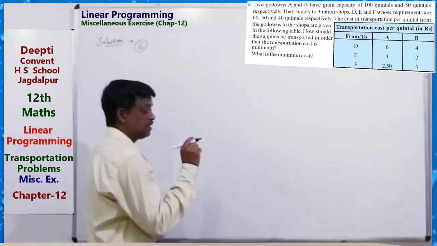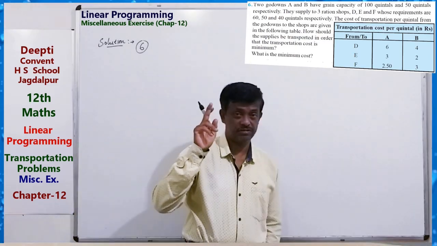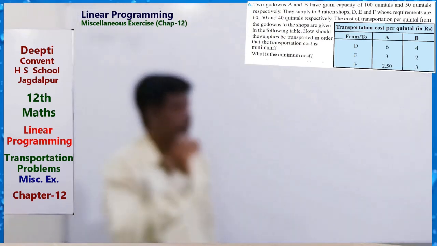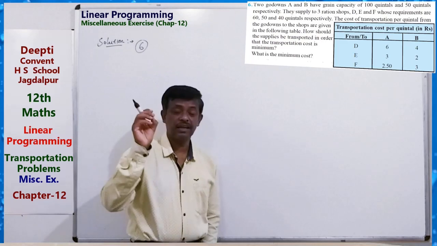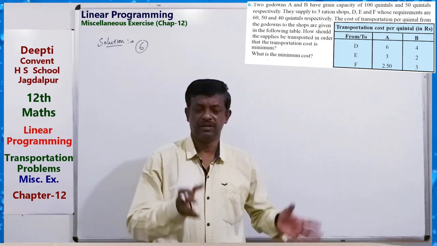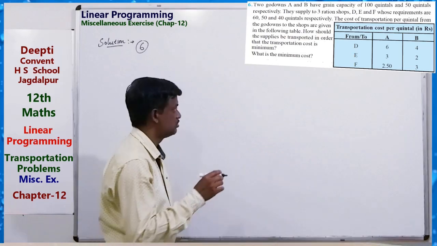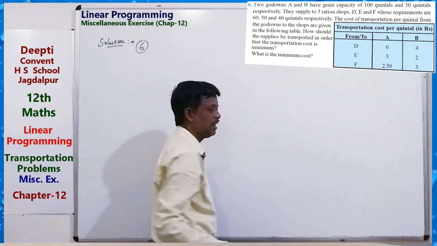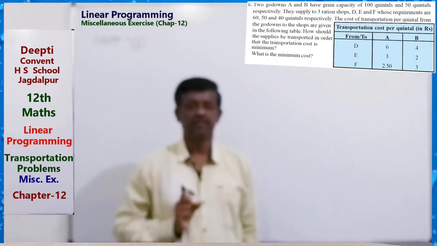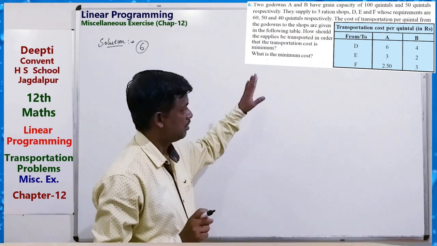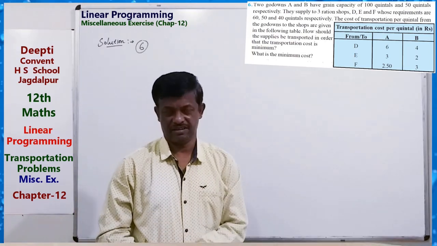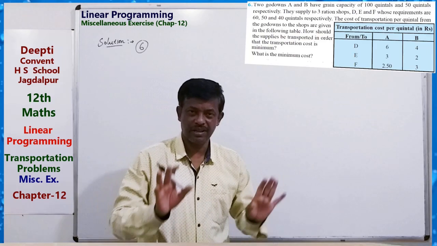Here, question 6: two godowns A and B have grain capacity of 100 quintals and 50 quintals respectively. For diagrammatic representation, there is a very simple technique to write constraints. We know the constraints for LPP.